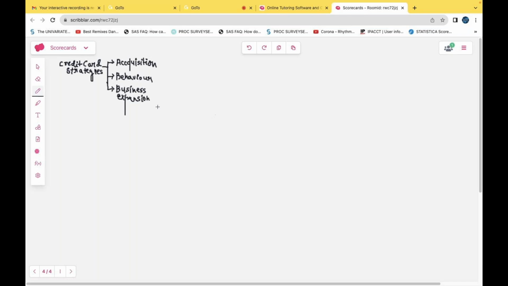Now, somewhere or the other, these three get linked up. Under acquisition strategies, what are the key questions that we try to answer? The first question is the limit that is to be assigned. The next is the price or the rate of interest.